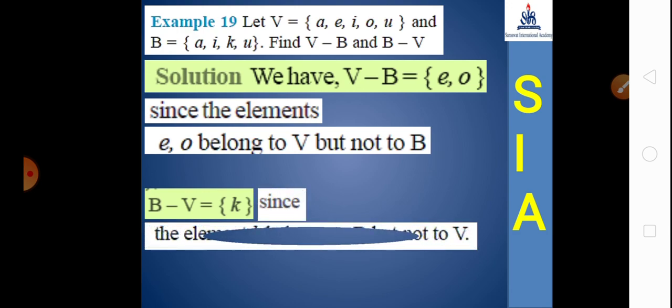So I am just telling you element K belongs to B but not in V. Here also you check V minus B and B minus V are both disjoint sets.